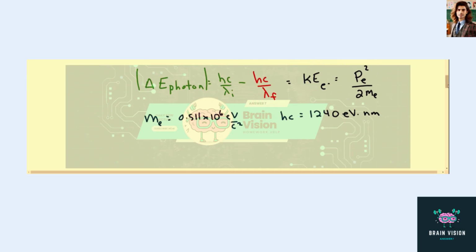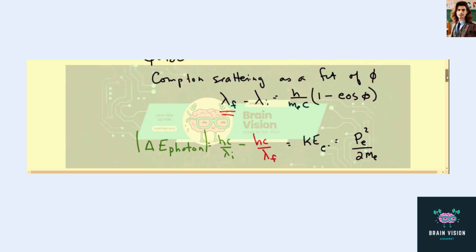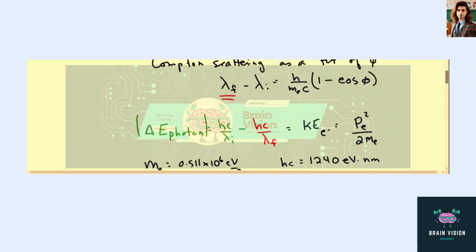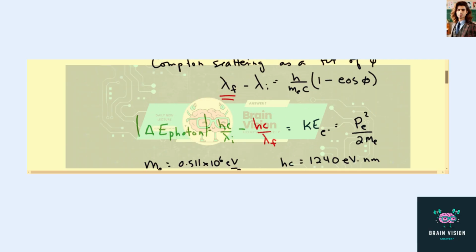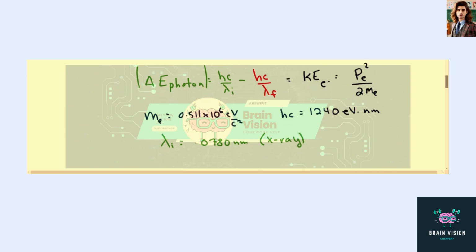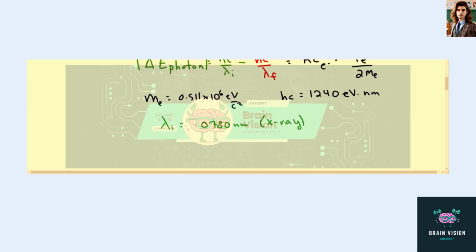We start with a lambda initial equal to 0.0780 nanometers. So we're definitely in the X-ray region, and we don't have to worry about the relativistic momentum and energy formulas. The lambda final is going to be larger than the initial.